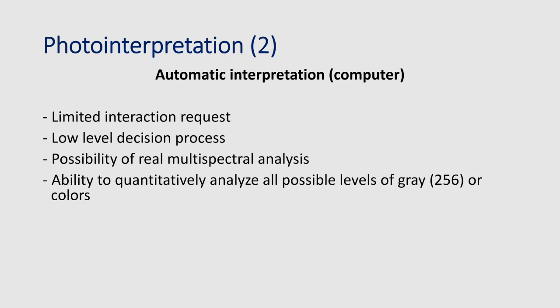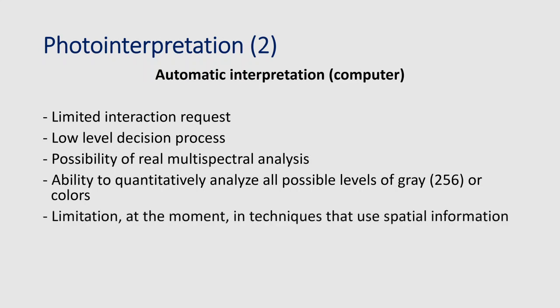So, for example, for an 8-bit acquisition, the full 256 levels, or all the possible millions of colors that we can generate from the RGB synthesis. There's a limitation at the moment in techniques that use spatial information, but we will see that using, for example, artificial intelligence algorithms, we can in some way overcome this limitation.